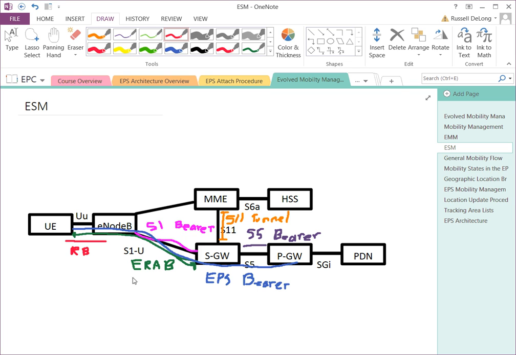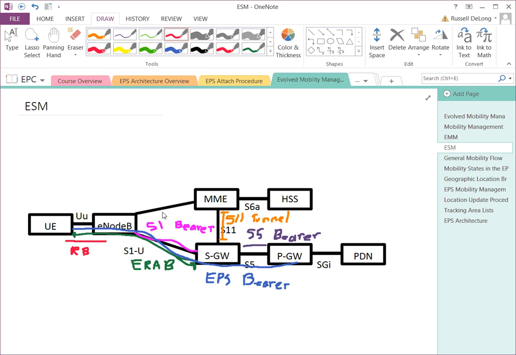These two combined would make up the E-RAB, the Evolved Radio Access Bearer, and of course the user-specific S11 tunnel between MME and S-Gateway also. A separate control tunnel exists as well on S5 between S-Gateway and P-Gateway. So my point here is just to illustrate that there are a lot of user-specific stateful connections between these systems just for the purposes of having an IP connection between the UE and an external packet data network, such as the internet.